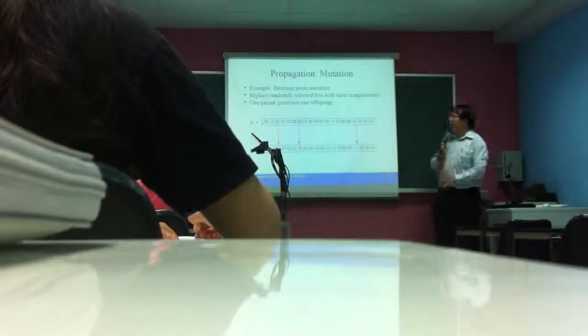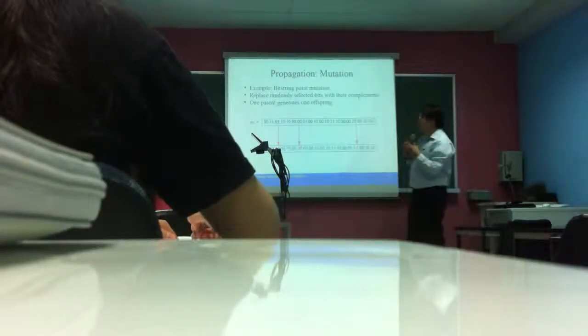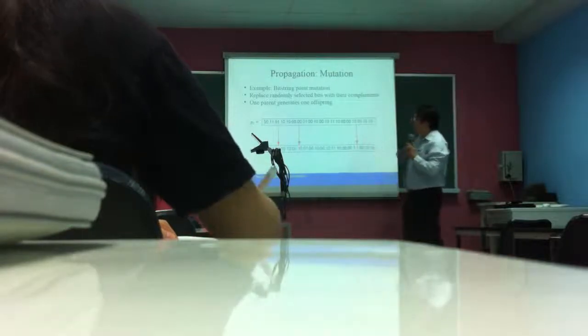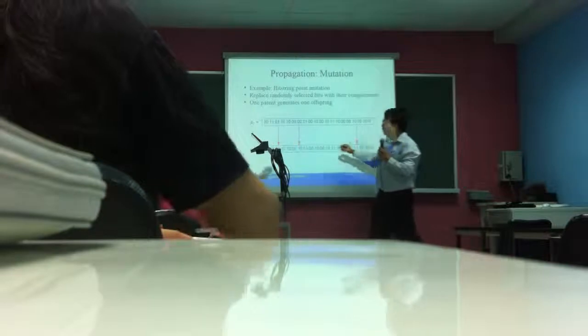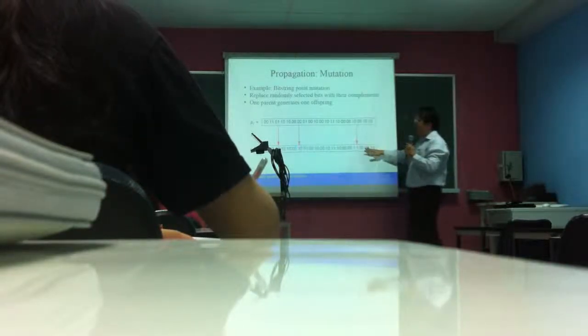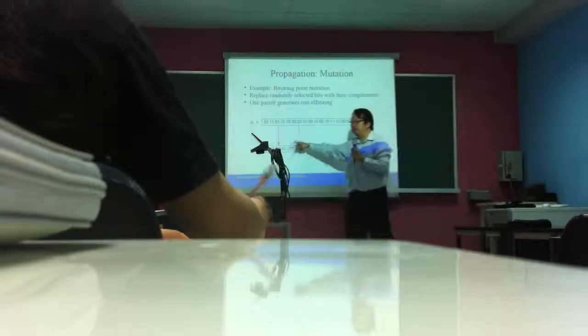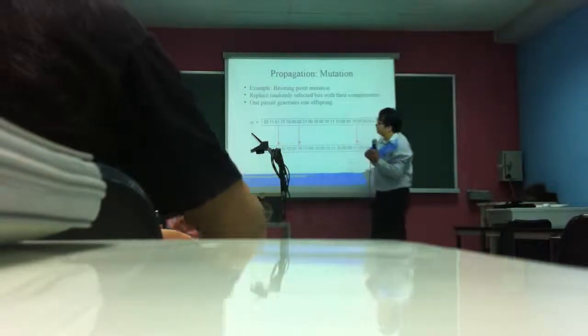And for the mutation here, we have 2 steps. First of all, we need to select which we want to mutate, count it first, and what is the position of the mutation. After that, we just mutate from 0 to 1, 1 to 0.